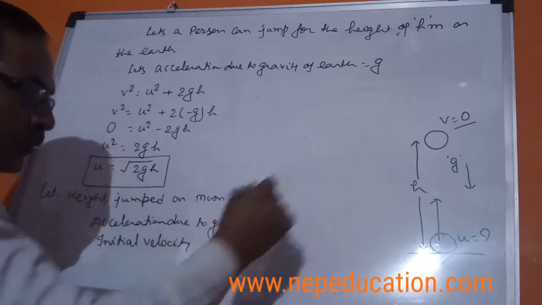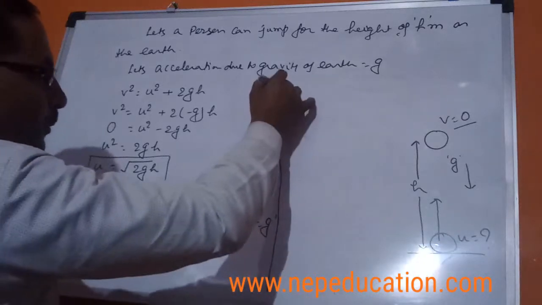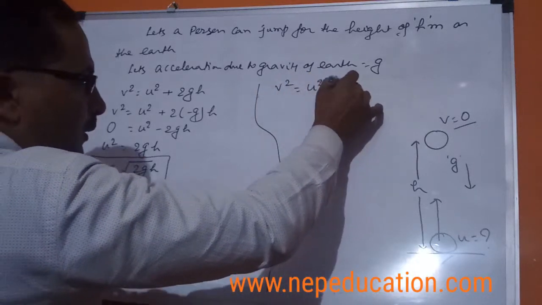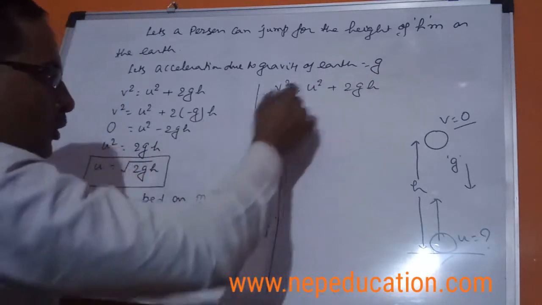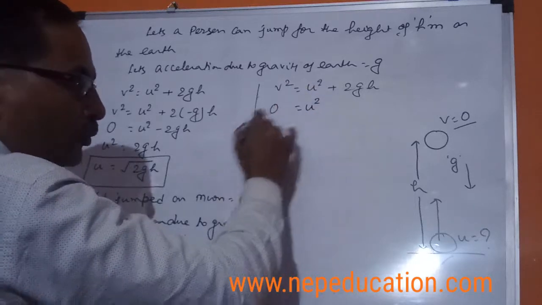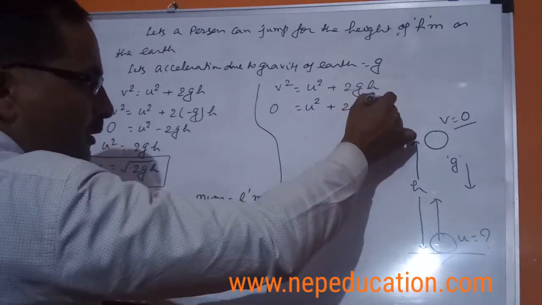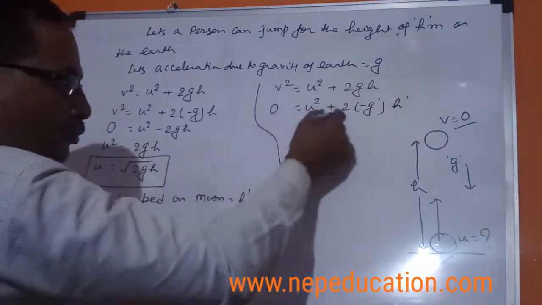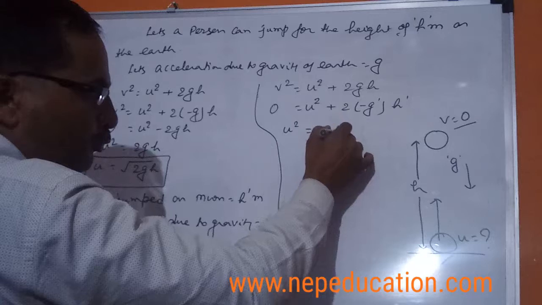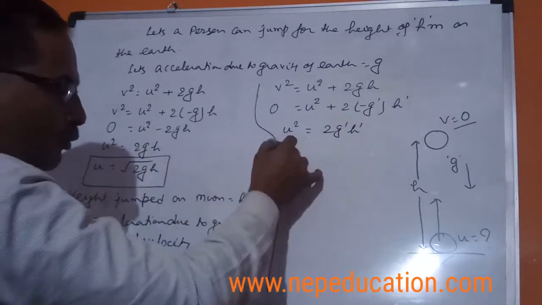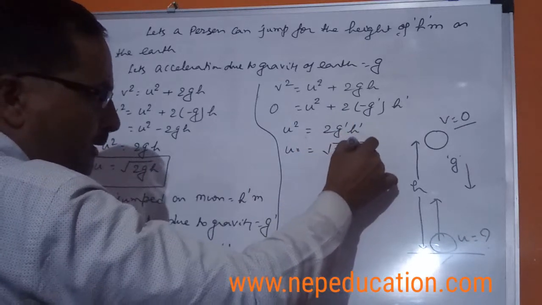Now the final velocity will be 0. Again put the formula: v square is equal to u square plus 2gh, but now v is 0, so u square plus 2 into minus g dash h dash. So u square equals 2g dash h dash, and u is equal to square root of 2g dash h dash.